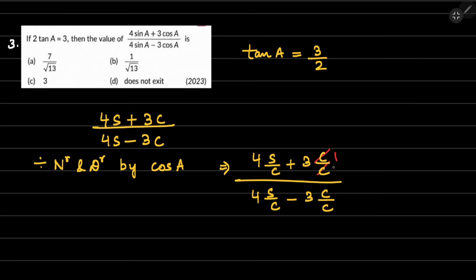So cos theta by cos theta is always 1. What is sin by cos? I just told you it is tan theta. Tan A. So 4 tan A plus 3 divided by 4 tan A minus 3.